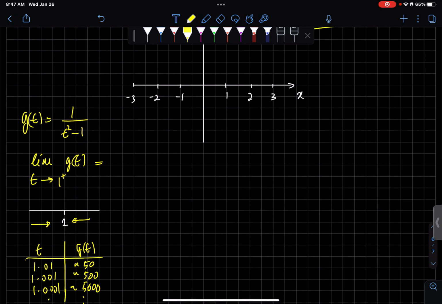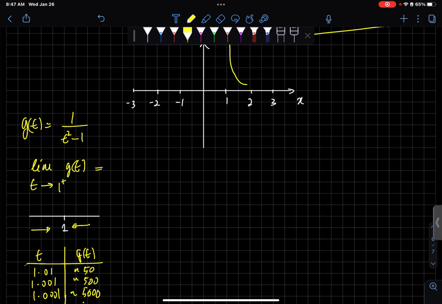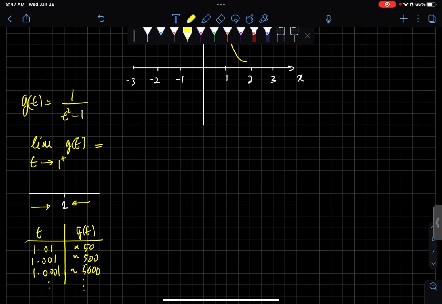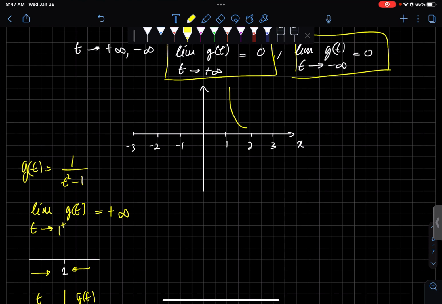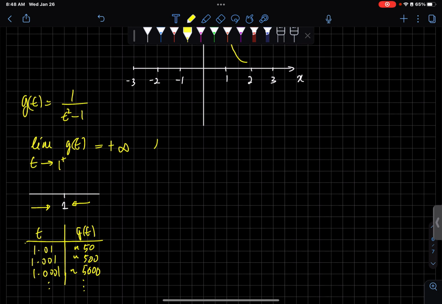It means that as we get closer from the right, this number goes off to positive infinity. Now let's investigate what about the limit as t approaches 1 from the left?